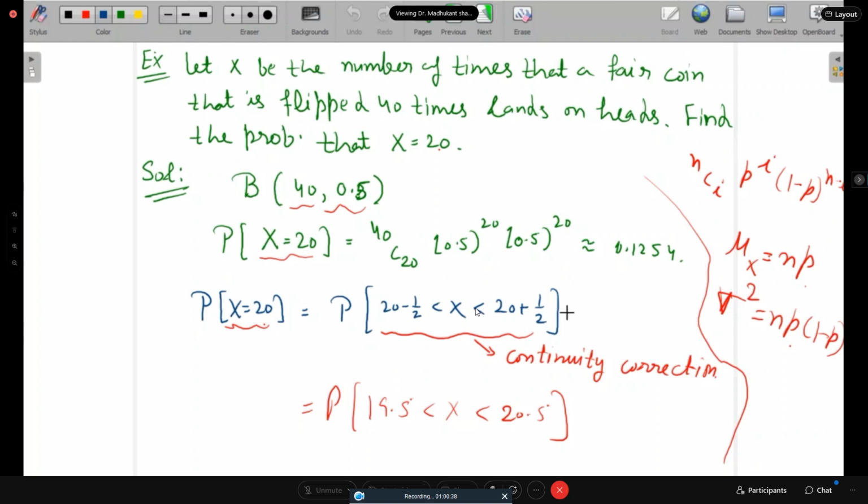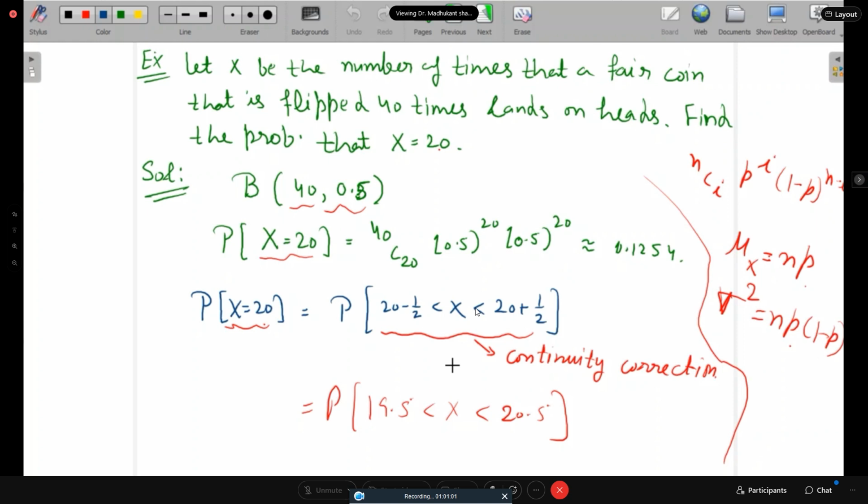But in general, people use this half, the standard followed. But you can take 1 by 4, 1 by 3, and so on, or closer to 20, I think that may lead to a better approximation. I don't know about it, but you can check.